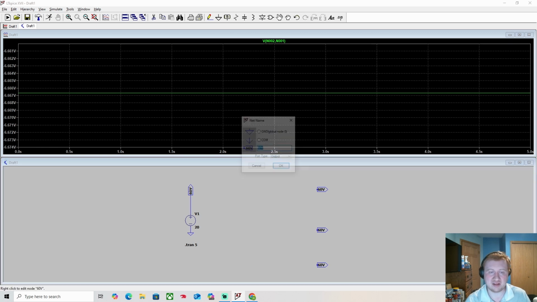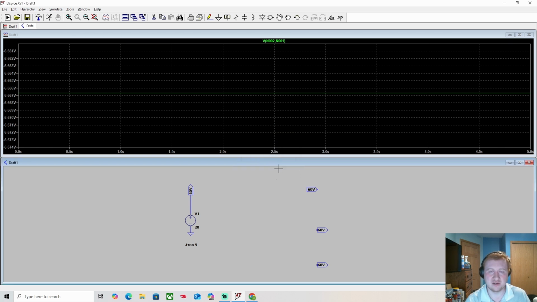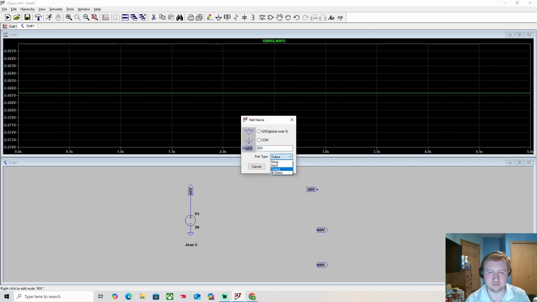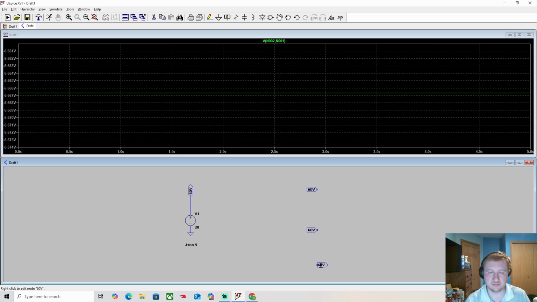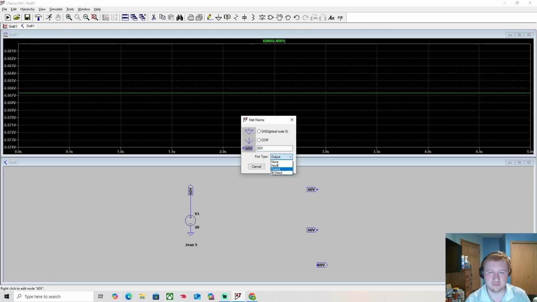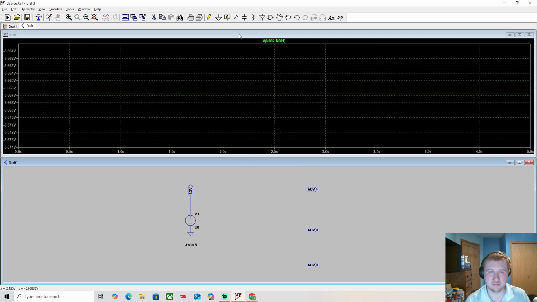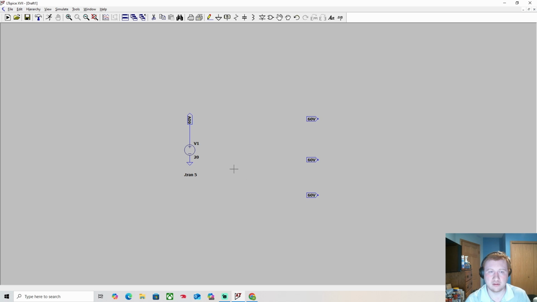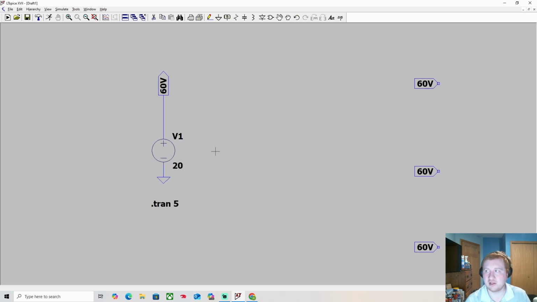Okay, I'll make this an input, and these ones. No, sorry, backwards. This an output, these inputs. Let's hide the graph here for a second. I'm just going to shorten things up here.